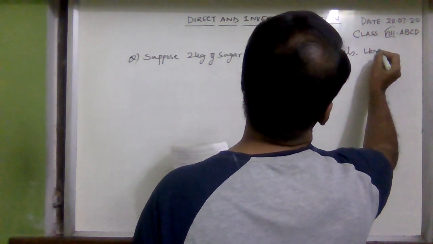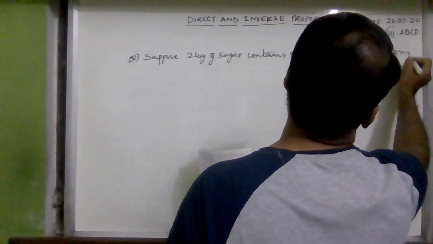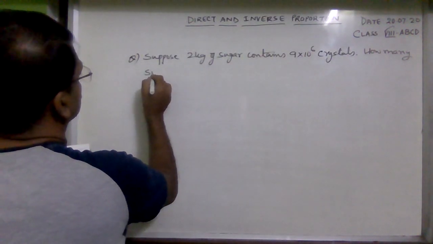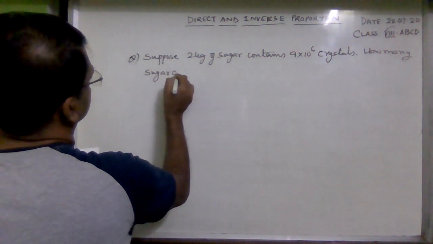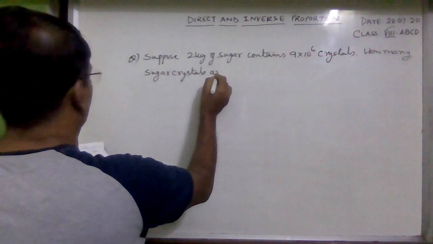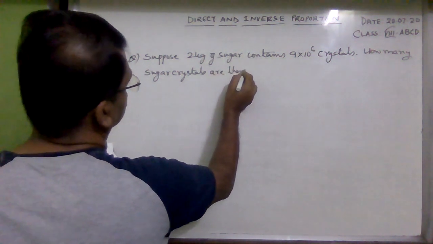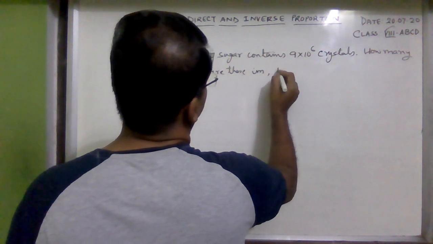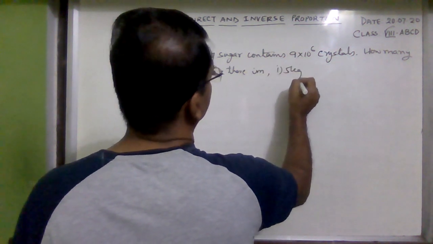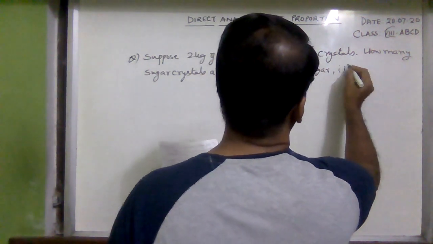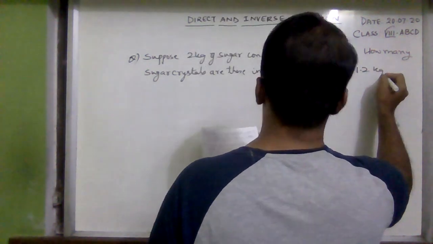How many sugar crystals are there in 5 kg sugar, 1.2 kg sugar?